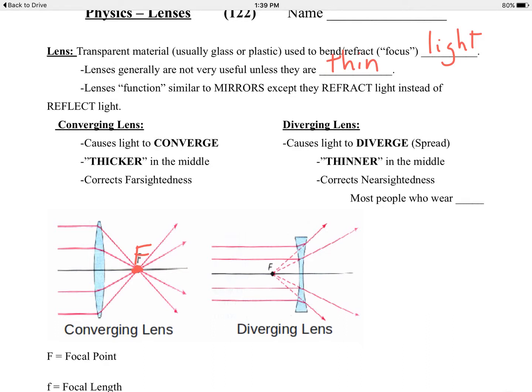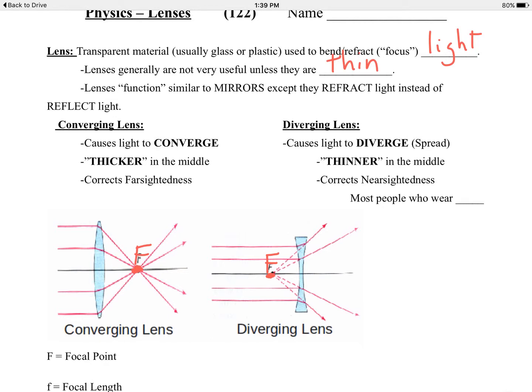As opposed to the diverging lenses, which, like diverging mirrors, cause light to bend apart. As you see in the second diagram here, the focal point is what we call a virtual focal point. You have to project the refracted rays backwards to find that virtual focal point because the light diverges. These lenses are thinner in the middle.